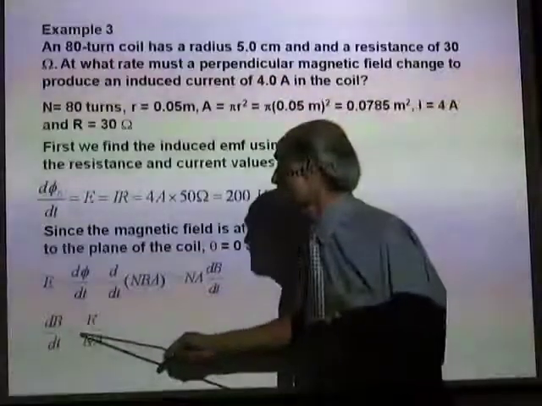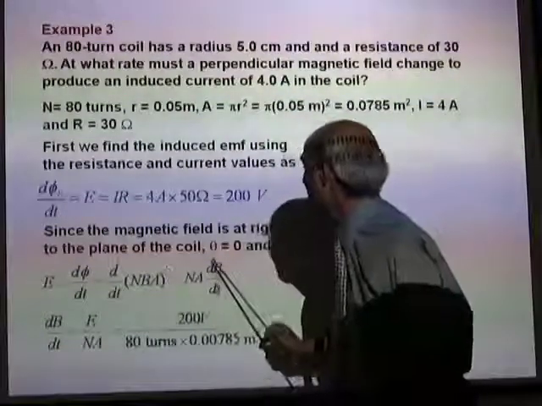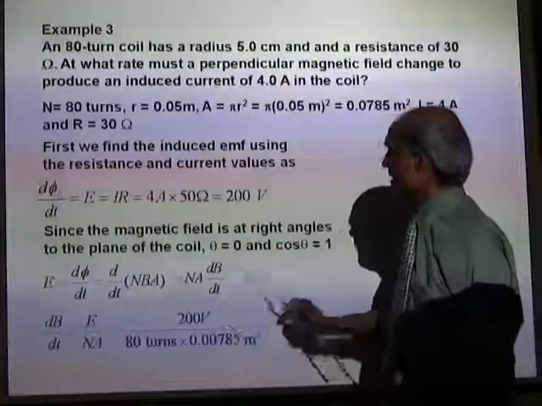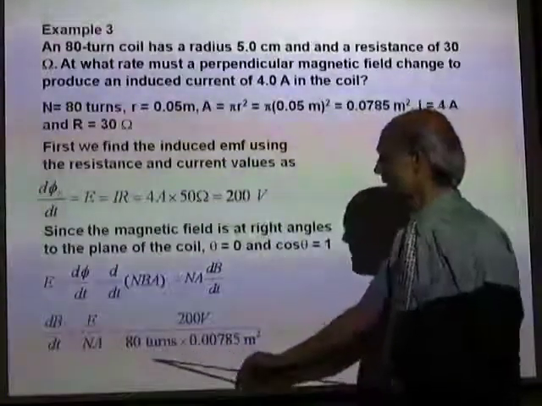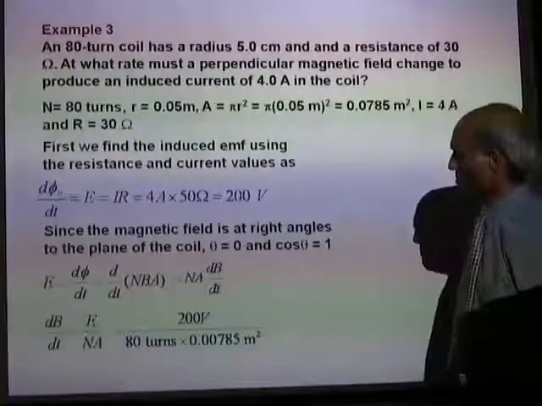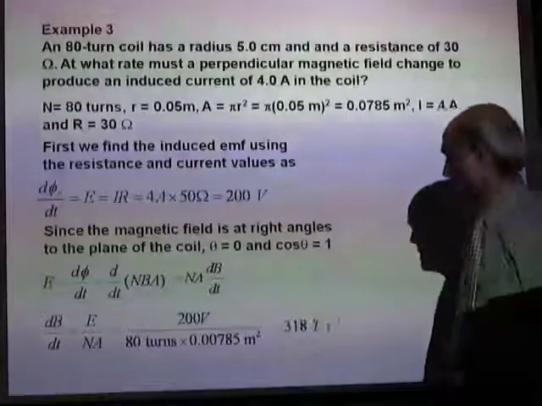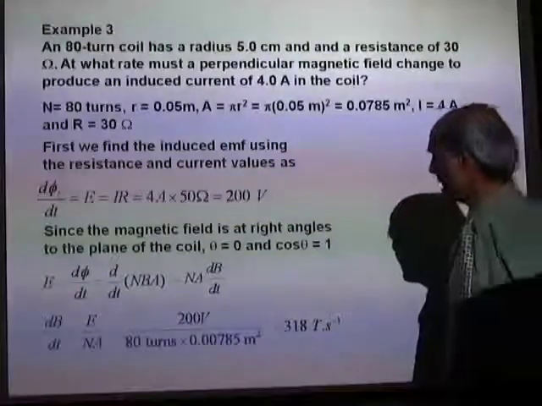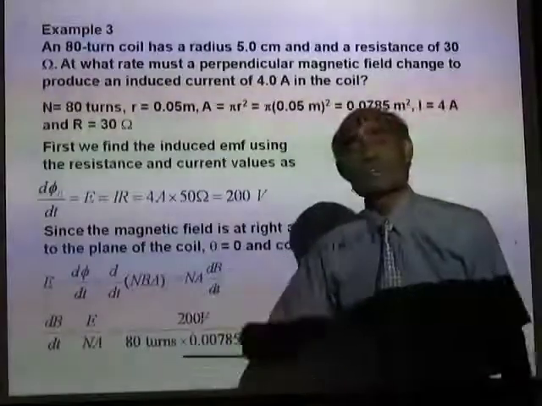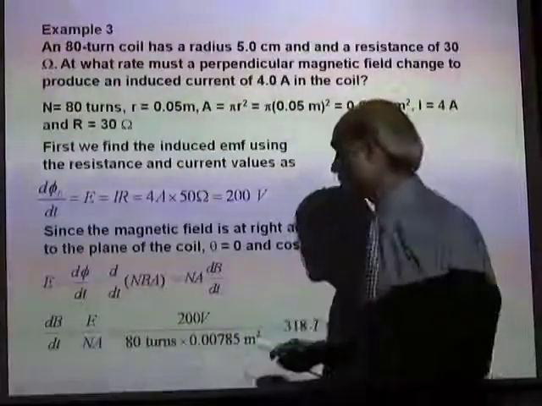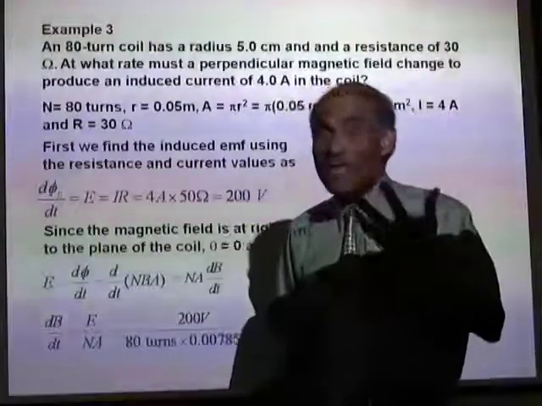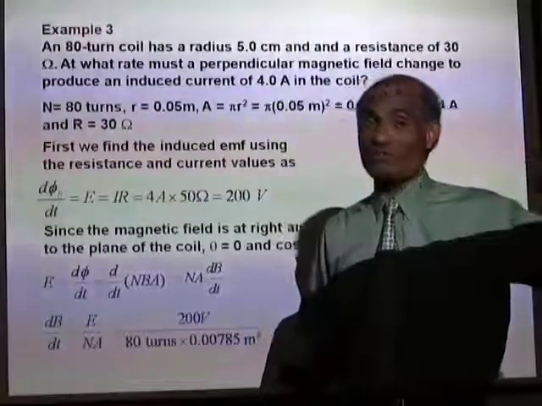Therefore, dB by dt equals E divided by NA. That is 200 volts divided by 80 turns times 0.00785 meters squared, and that is 318 Tesla per second is the rate at which the magnetic field is changing. So always distinguish between the rate of change of field and the rate of change of flux.